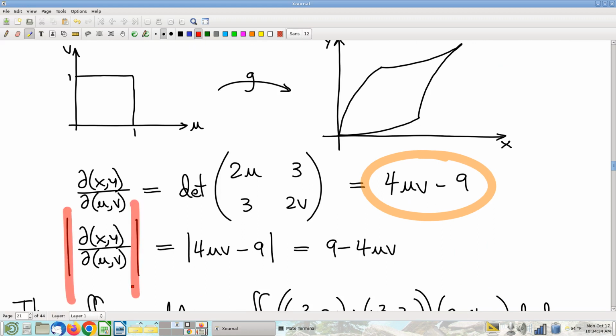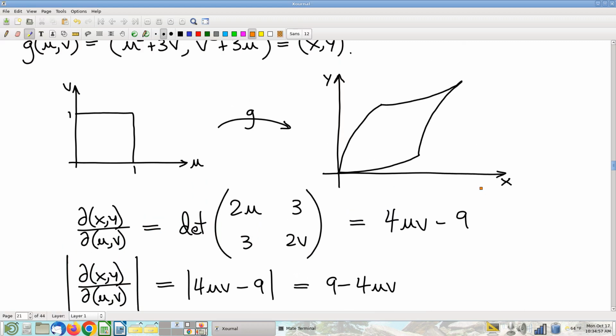Now, in this particular case, taking the absolute value is not obvious. How do I take the absolute value of this expression, 4uv minus 9? It's not immediately clear whether that is positive or negative. It turns out there is an easy point of view on how to address this in this case. Don't forget where all of this comes from.